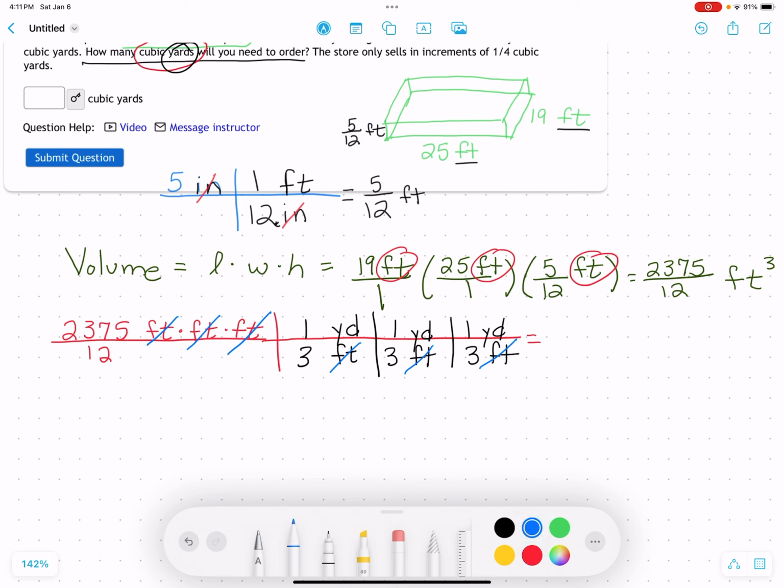So in the top, it's 2,375 times 1 times 1 times 1. In the bottom, I'm going to take 12 times 3 times 3 times 3 and get 324. What I have left is yards times yards times yards, which is yards cubed.